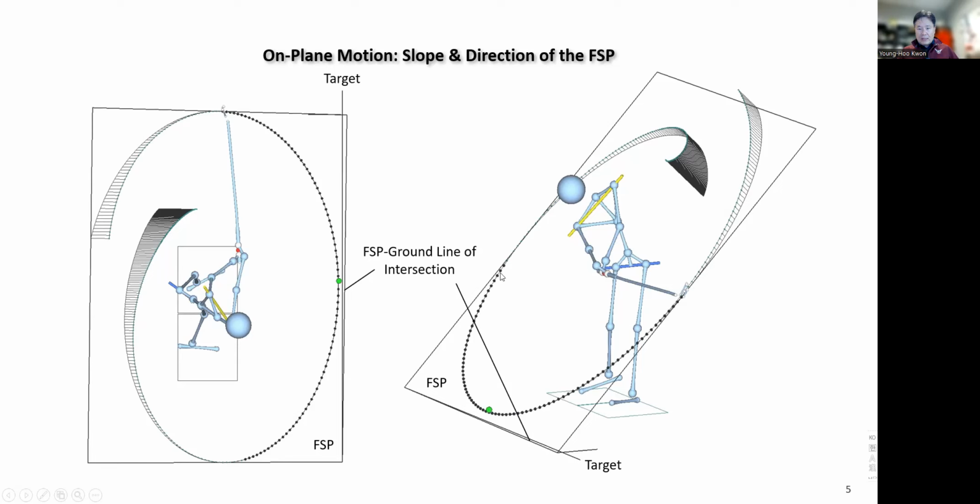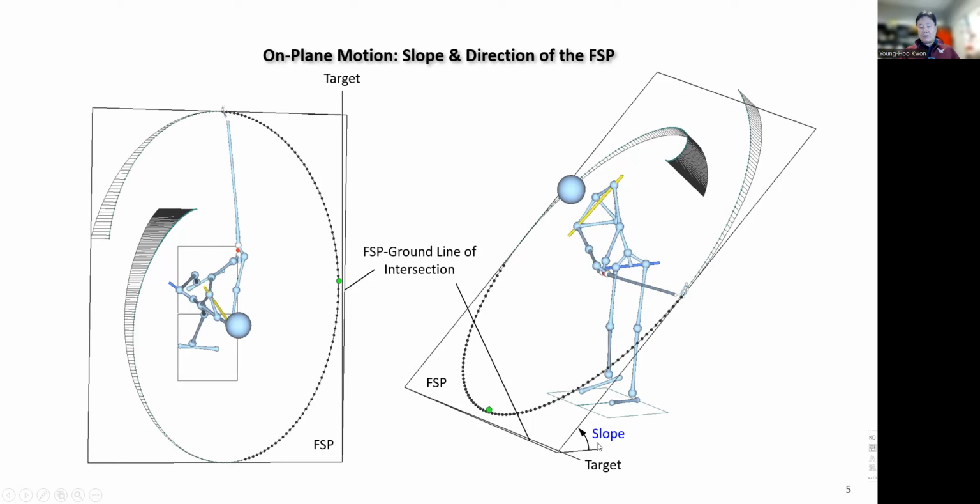If you extend this plane all the way to the ground, then this line is the functional swing plane ground line of intersection. In the top view, this line is also the line of intersection between the swing plane and the ground.